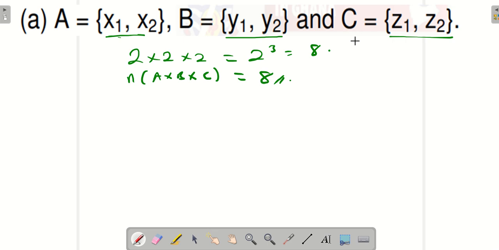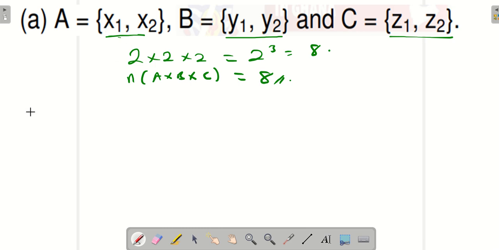What it means is that after solving, we are supposed to get 8 different ordered triples. This one is just a guide. In case of objective, if they tell you to find the number of products generated from this set, it's going to be 8. But that is not the solution to this question. So let's start.